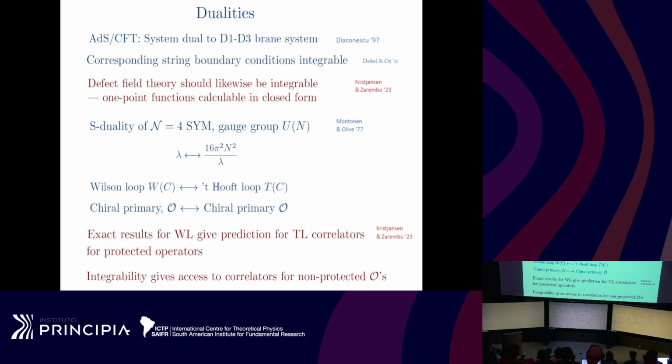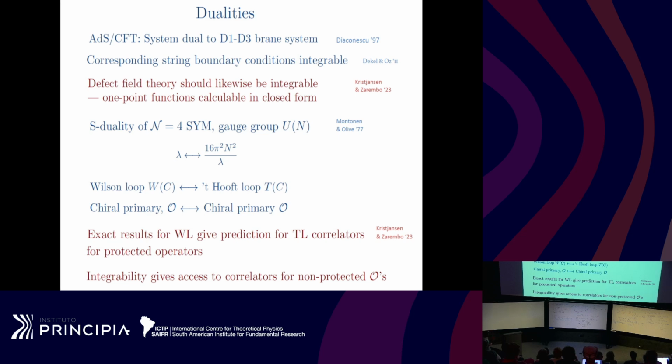There's another duality of this setup, namely S-duality, as I mentioned. This is a duality which involves a change of the coupling constant in this form here, which interferes not only with weak-strong coupling, but also with a large N limit. And as I said, under this duality, a Wilson loop is dual to a 't Hooft loop, whereas something which does not have any electromagnetic characteristics, such as a chiral primary, does not transform.